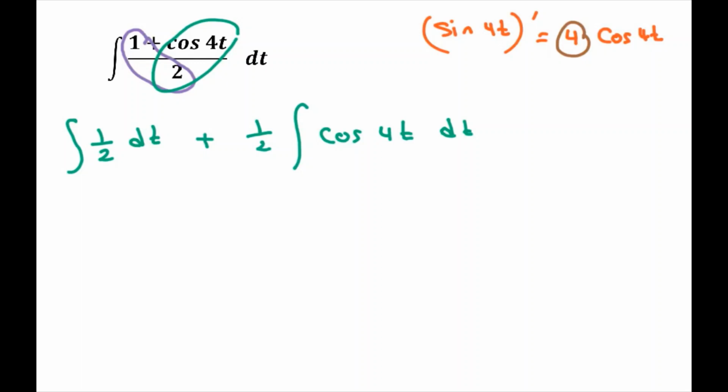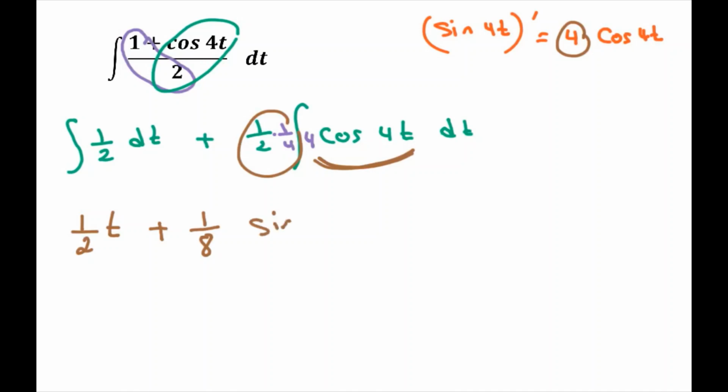So what I'm going to do, I'm going to put 4 here and 1/4 out here. And that's going to be equal to the integration, 1/2 is 1/2 t plus 1/8.